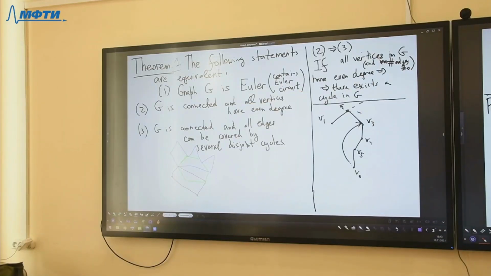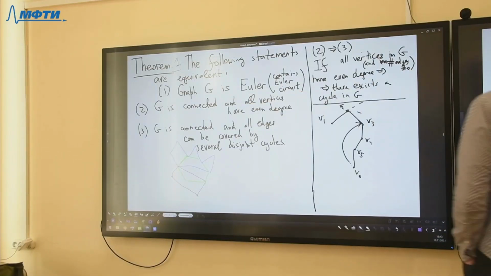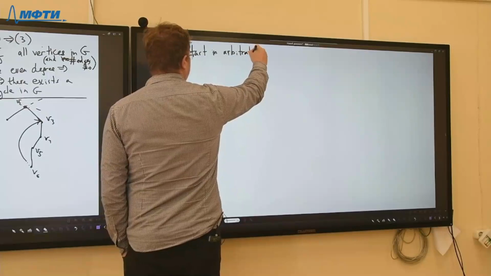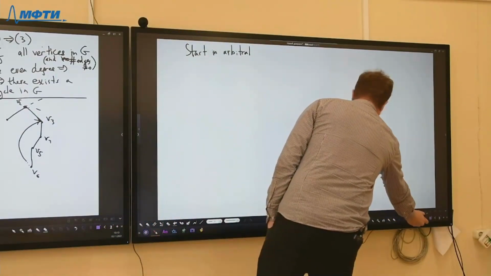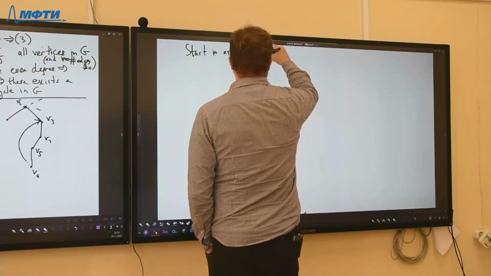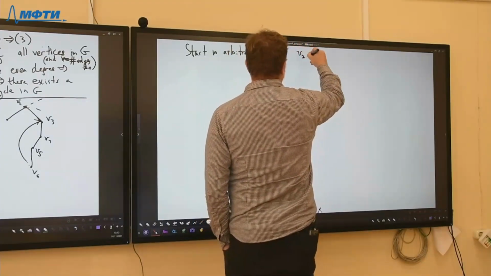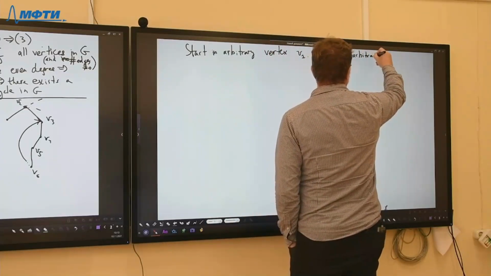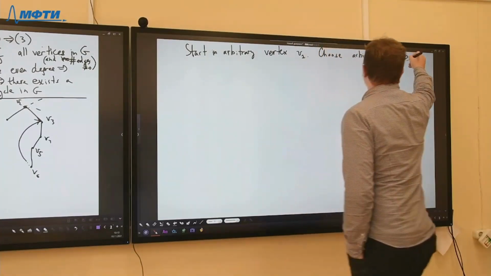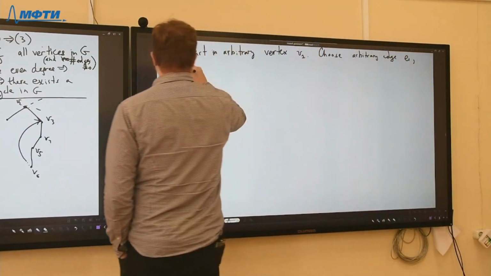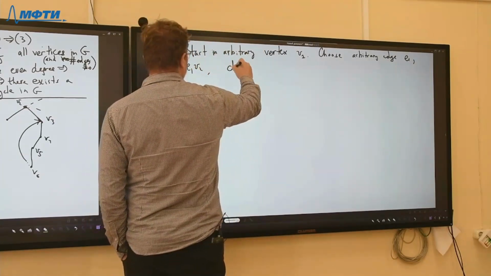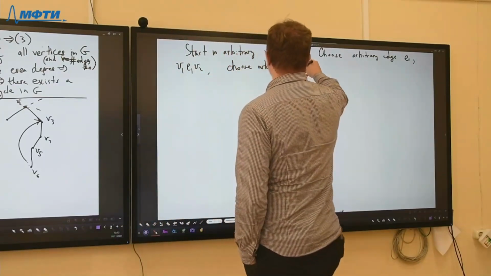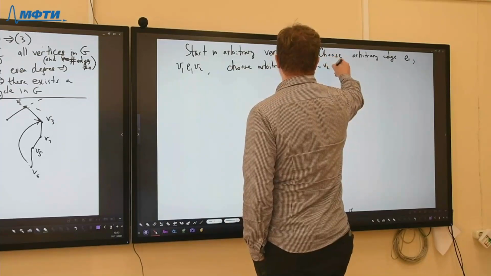Maybe I write the algorithm here. We start in an arbitrary vertex V1, choose an arbitrary edge E1, then we have V1, E1, V2, choose an arbitrary edge from V2, and so on.